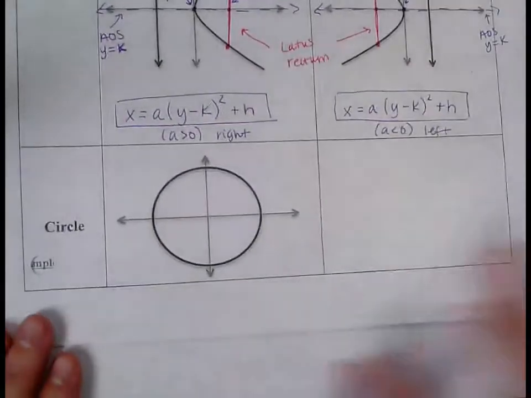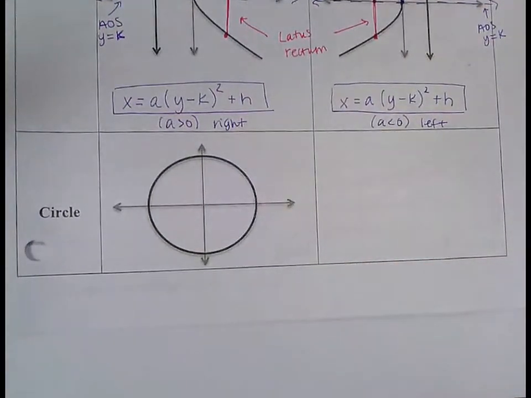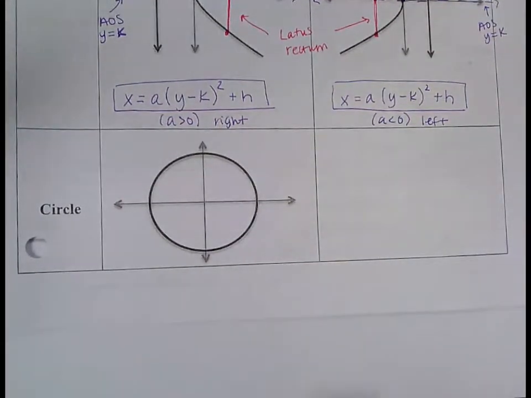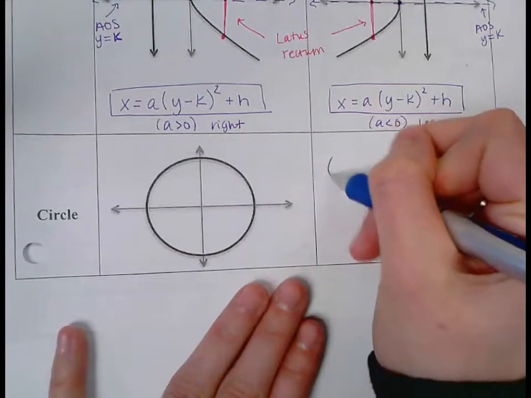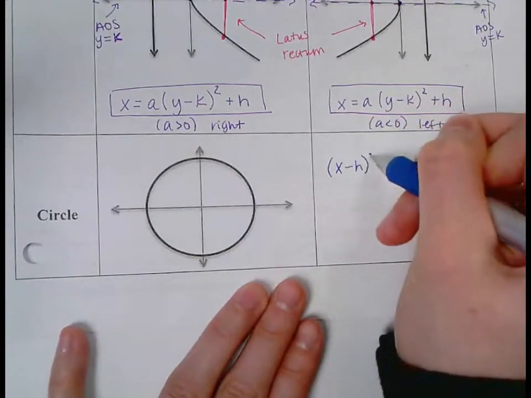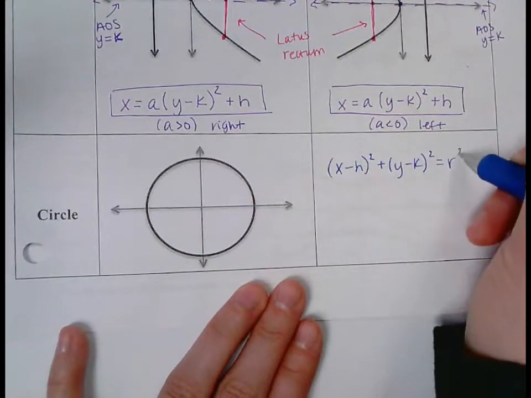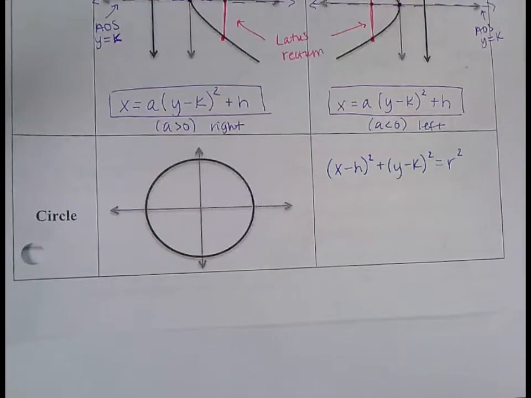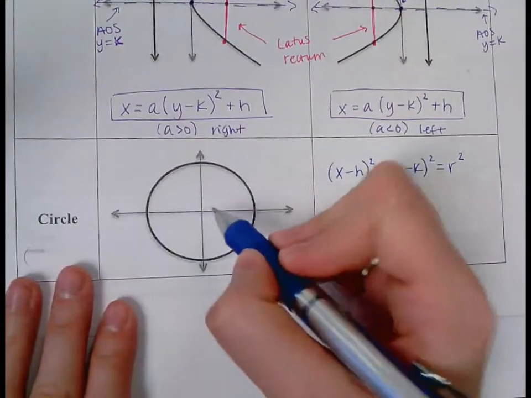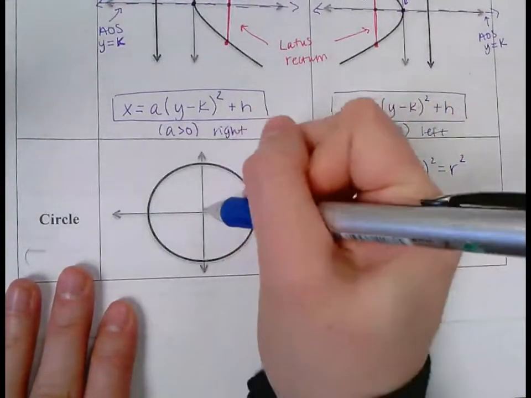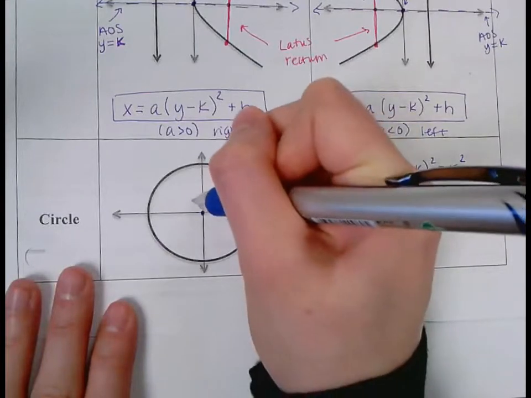So on your graphic organizer, you can fill in the box. Here, write the standard form for the equation of a circle. So the standard form is the quantity x minus h squared plus the quantity y minus k squared equals r squared. And then I'm going to label on my diagram this circle that's graphed, that center would be at the origin.